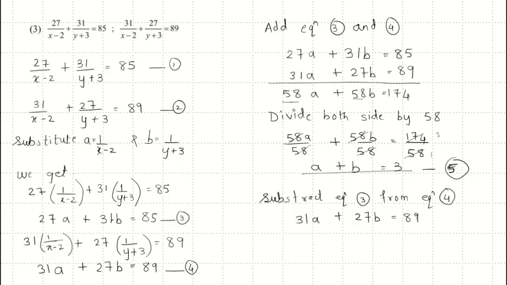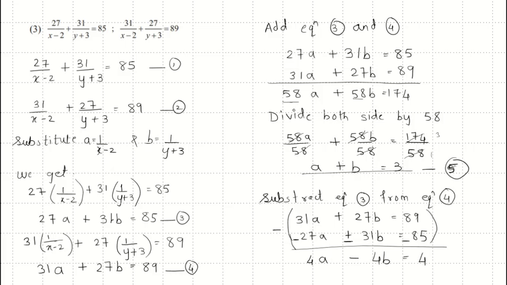So 89 is bigger than 85. That is the reason we are subtracting equation number 3 from equation 4. Here it is minus 27a plus 31b is equal to 85. When we subtract, these signs get changed. Plus becomes minus and minus becomes plus. All were positive, so we get 31 minus 27 is 4a minus 4b is equal to 4.